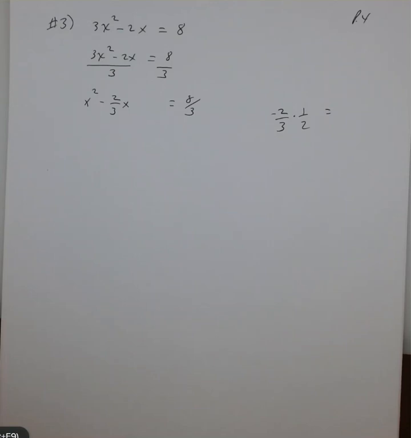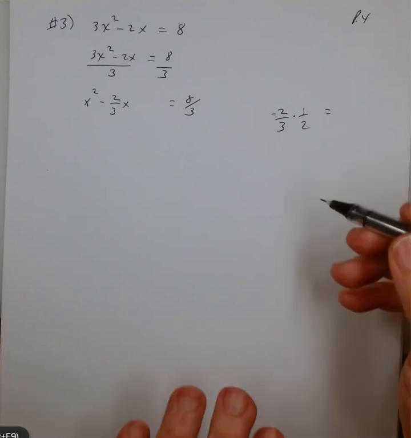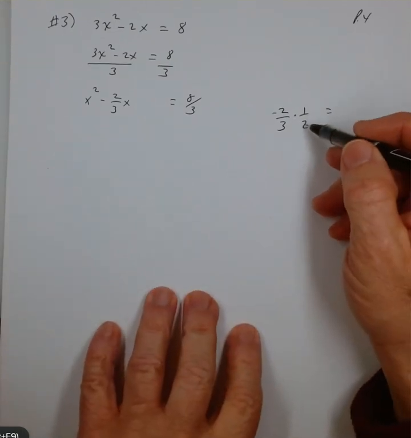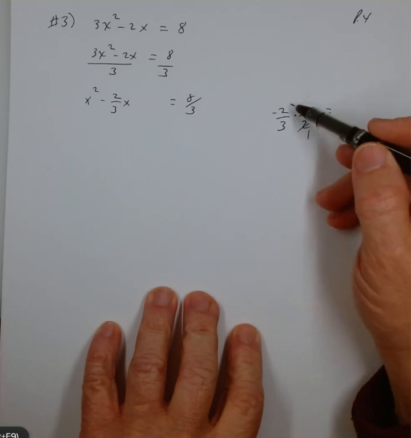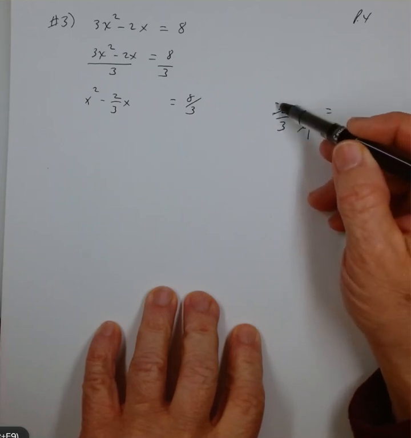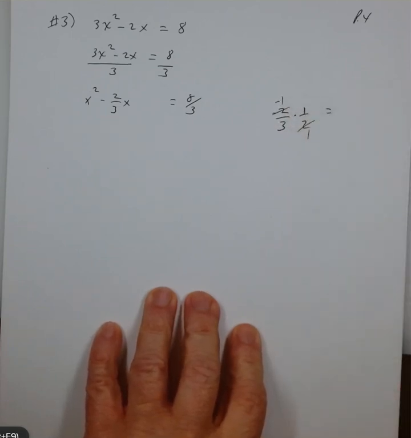So it's negative 2/3 times 1/2. Some of you are going to say negative 2 divided by 6, which reduced is negative 1/3. And then some of you probably said 2 divided by 2 is 1, and then negative 2 divided by 2 is negative 1.